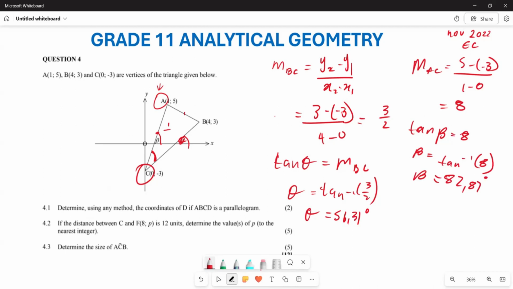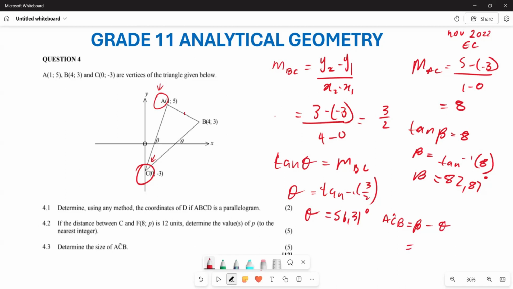Now, if you are looking for your angle of AC, now look, when this angle is here, what is it that you're going to do? So in order for you to find out what is going to be this angle, actually, you are going to say your angle of ACB is actually going to be same as your beta subtract your theta, right?